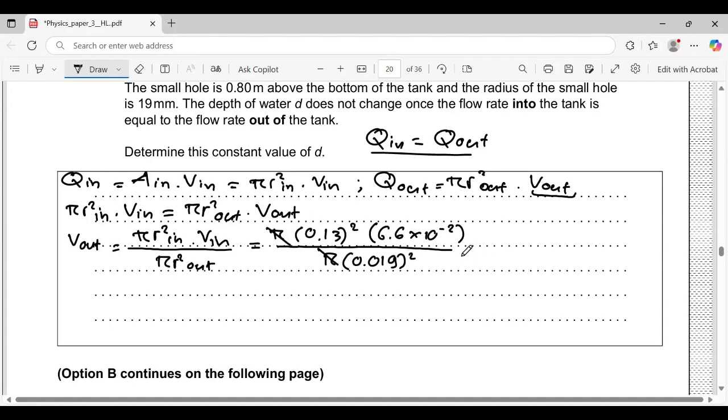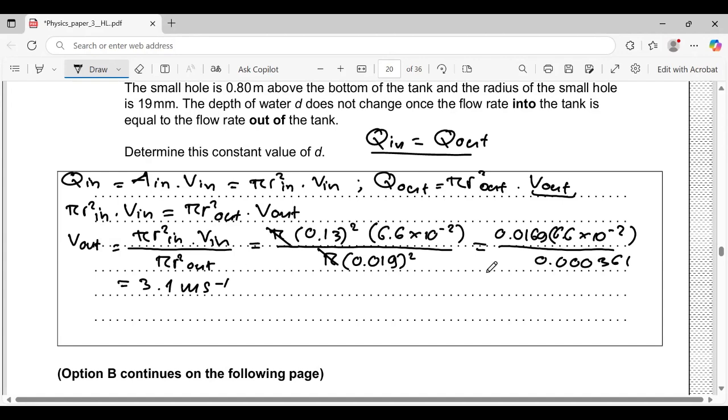It's going to be 0.0169 times 6.6 times 10 to the power minus 2 over 0.000361. And the result is 3.1 meter per second.